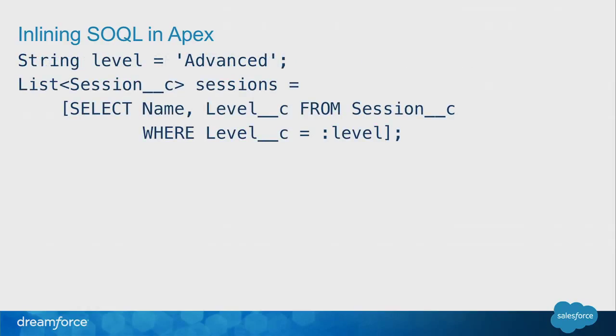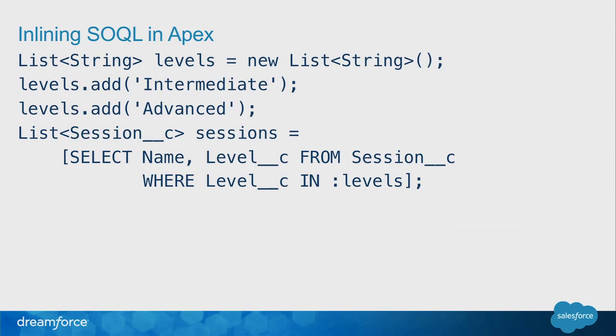And here I can say string level equals advanced, and then list of sessions equals select name, level from session where level equals colon level. When you do a colon like this, that's going to bind it to the variable in your Apex code.